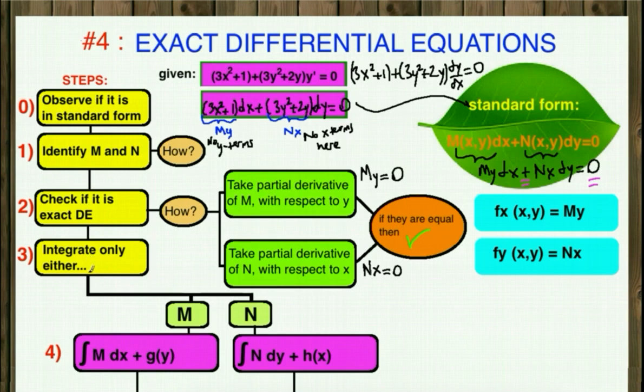Step 3 is the integration. We are going to integrate only one side of the whole equation, either the M part or the N part.